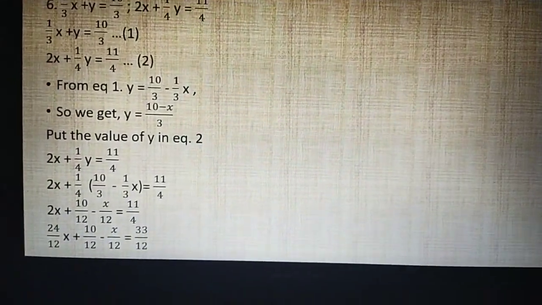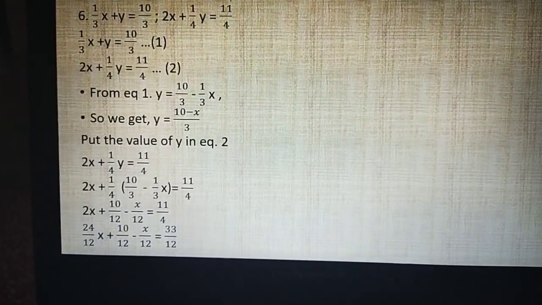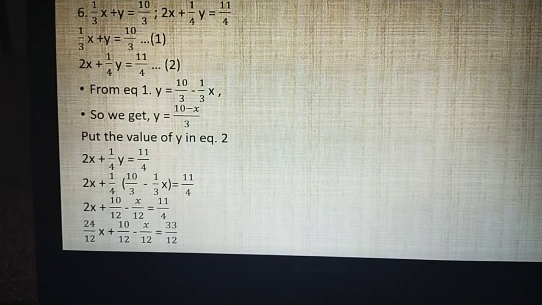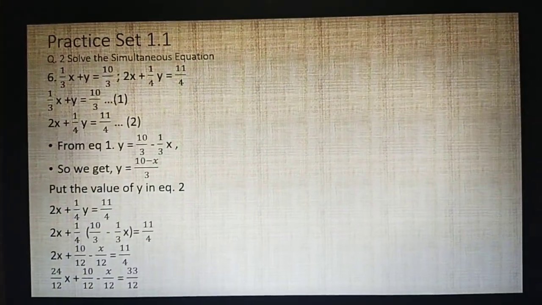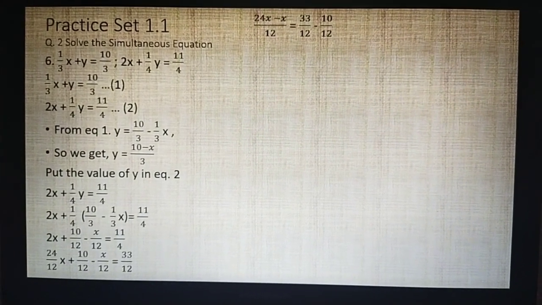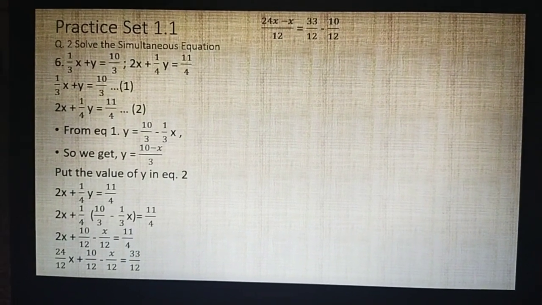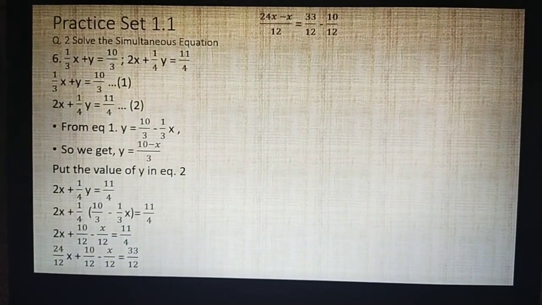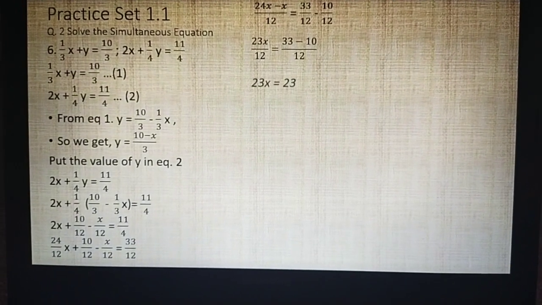We find the LCM, that is 12. So we get 24x upon 12 plus 10 upon 12 minus x upon 12, which equals 33 upon 12. Now what are the like terms? 24x minus x upon 12 equals 33 upon 12, and 10 upon 12 goes to the other side. So we get 33 minus 10 upon 12.